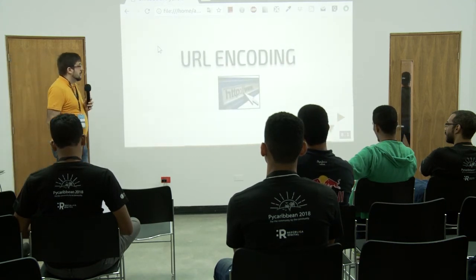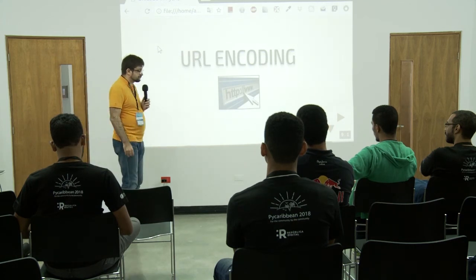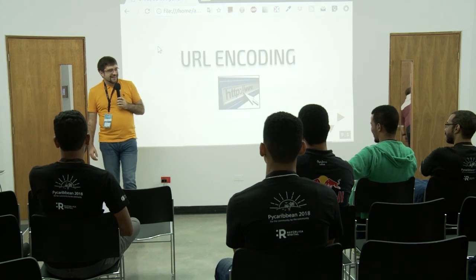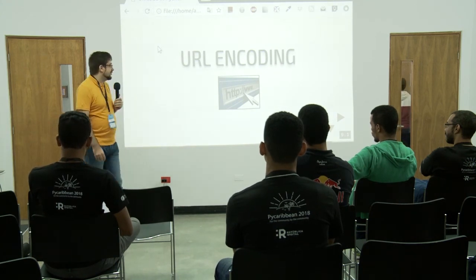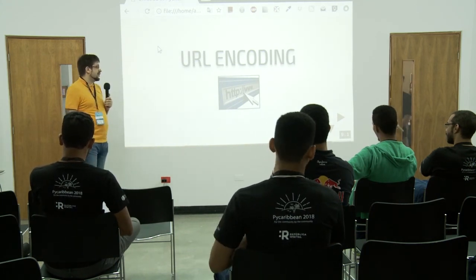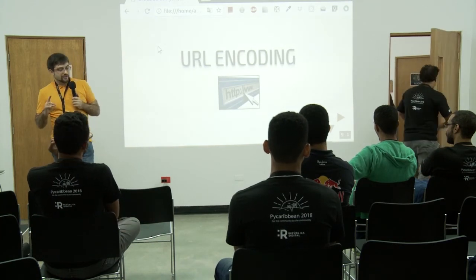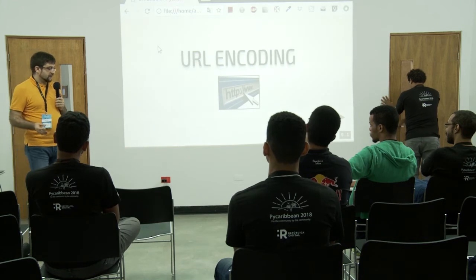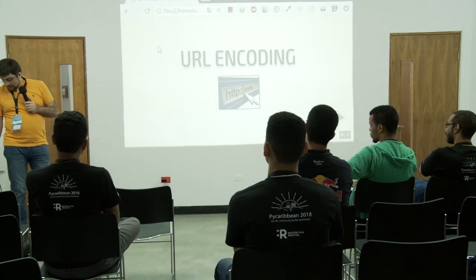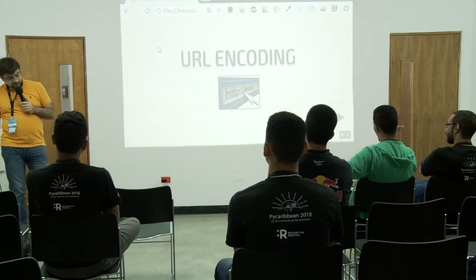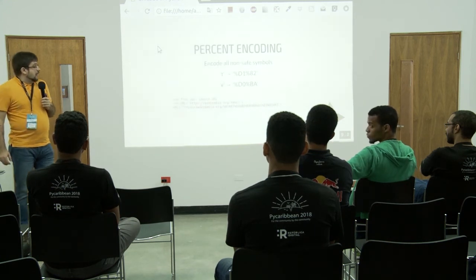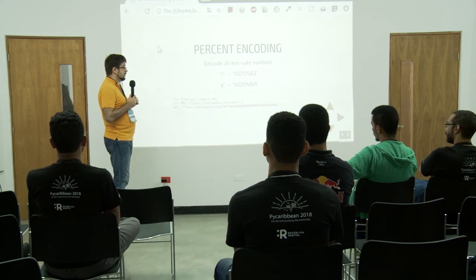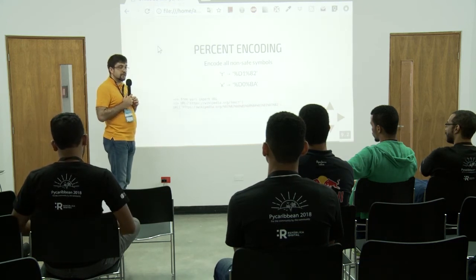Last thing. We are living in the internet age. So we usually deal with URLs, internet addresses, every day. And the internet has its own encoding. The encoding is basically UTF-8.